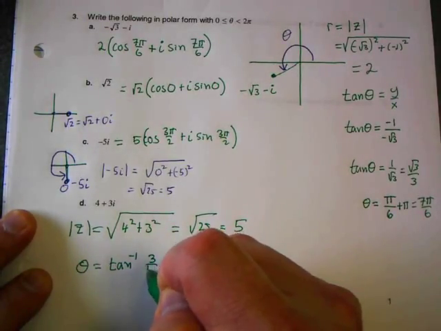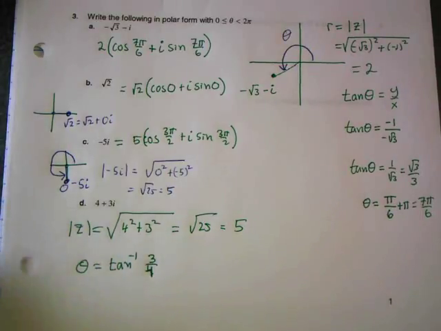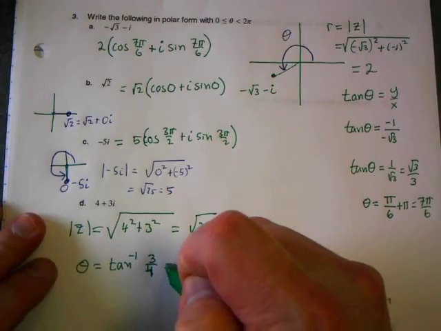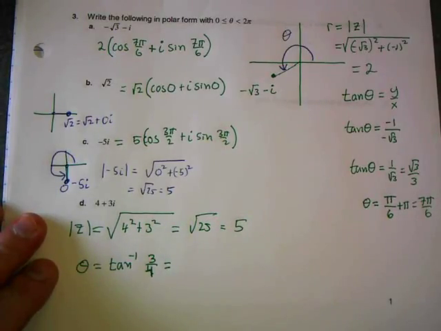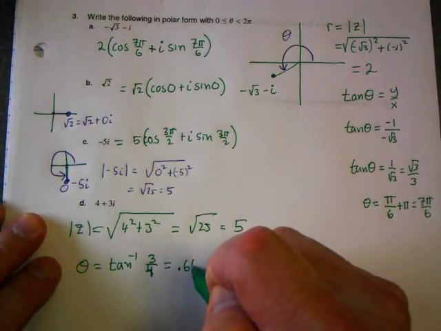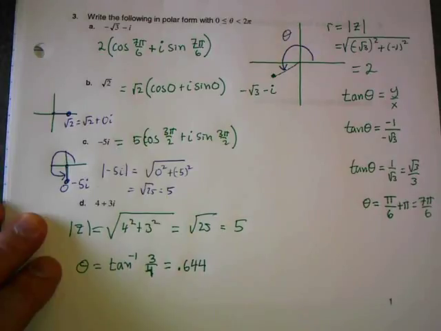So that's 3 over 4. Is that one of the ones we've memorized? No. So what do we do? We type it into our calculator and we get a decimal. What did your calculator say? 0.6435. So we'll call it 0.644. We'll round to 3 decimal places.